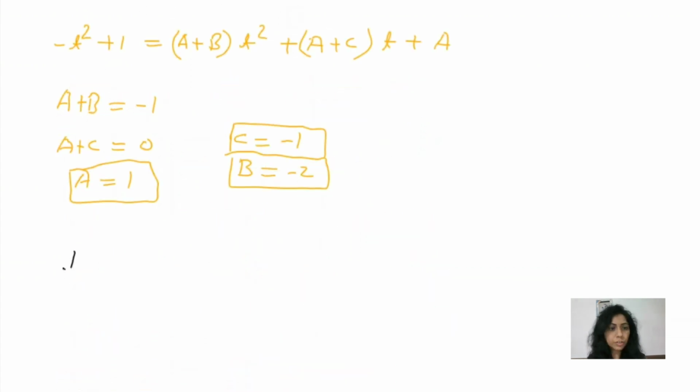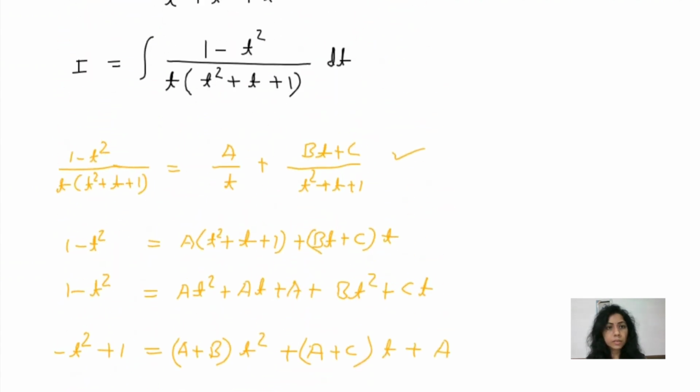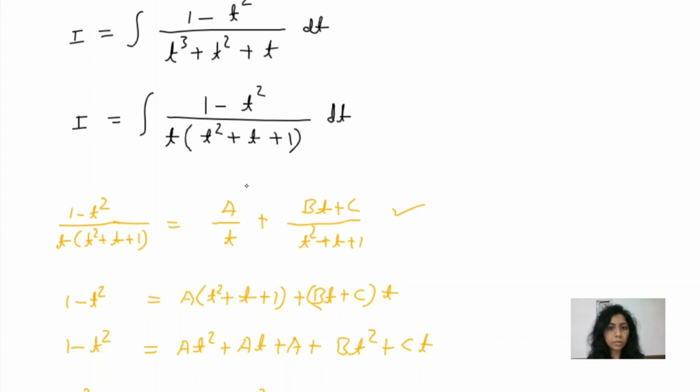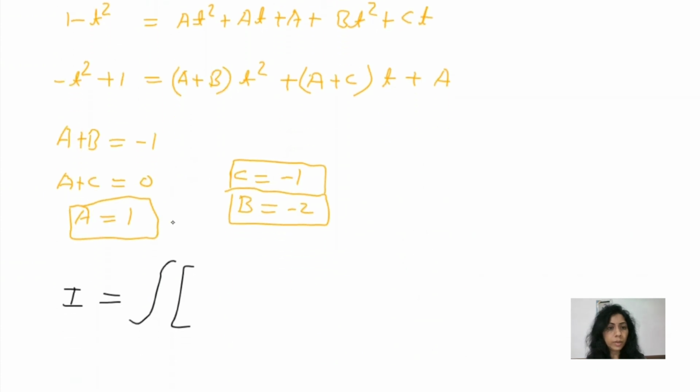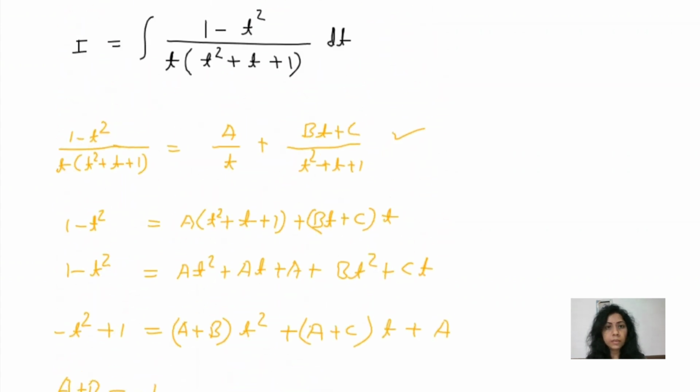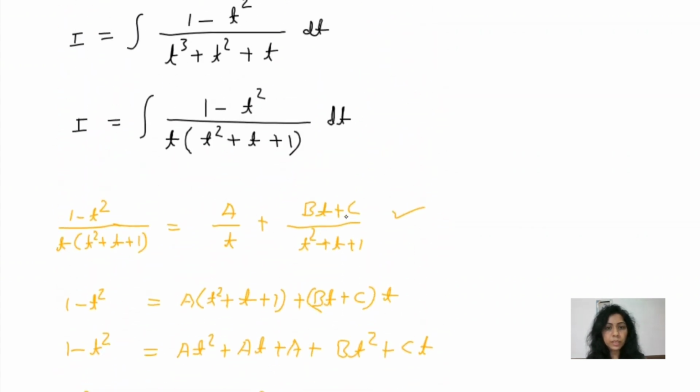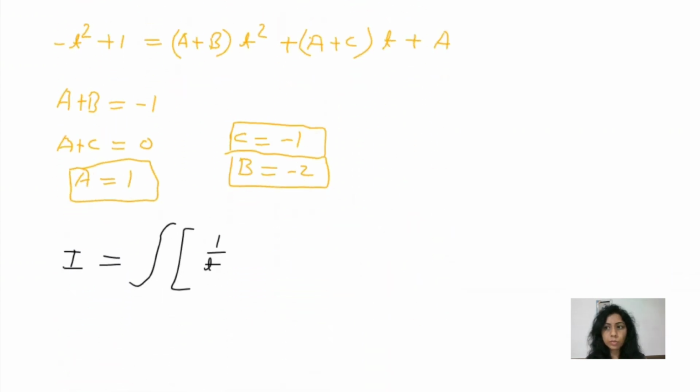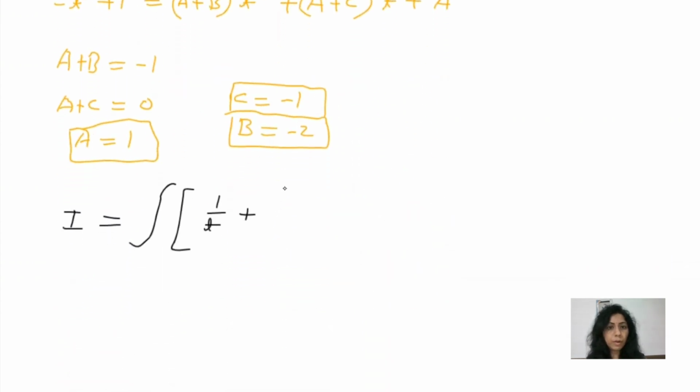The integral will be: a value divided by t, which is 1 divided by t, plus b t plus c, so minus 2t minus 1 divided by t square plus t plus 1 dt.